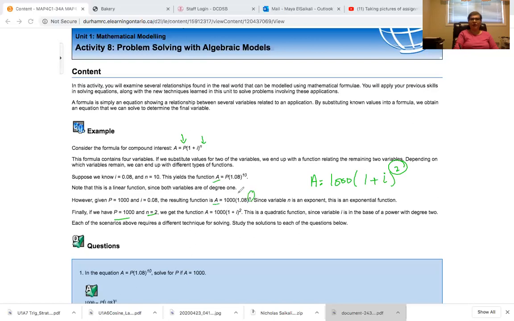If they give you N, you can solve for A. If they give you A, you have to solve for N. And they have different techniques. We have different ways to solve for all of this. And in the third equation, if they give you I, you can solve for A. Or if they give you A, you have to solve for I. So we're going to look at how to do that in the next examples.